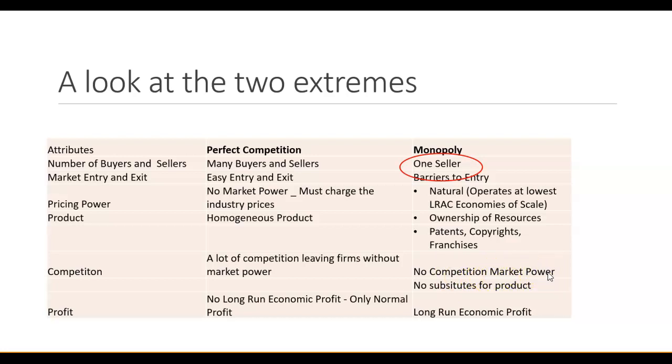Remember that market power means they have the ability to charge whatever they want. No substitutes for the product is another attribute of monopoly. In terms of profit, perfect competition has no long-run economic profit, only a normal profit. With the monopoly, there is long-run economic profit.